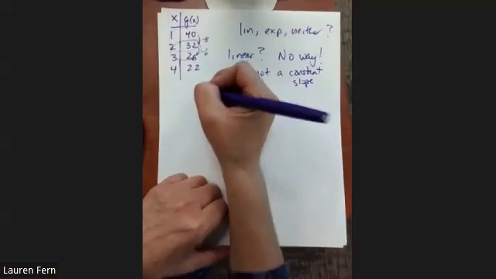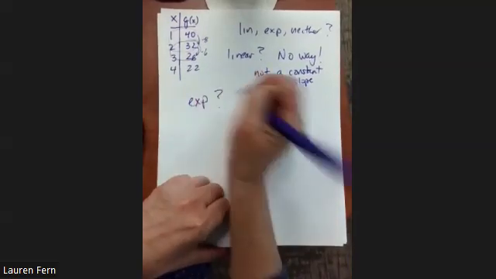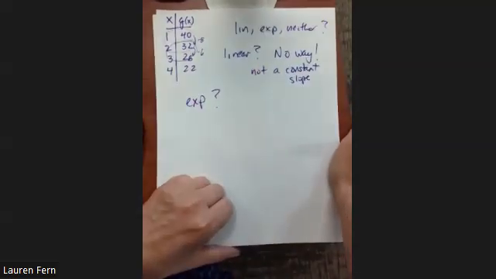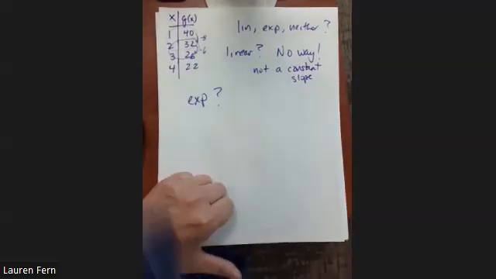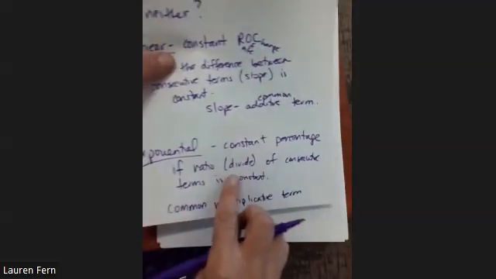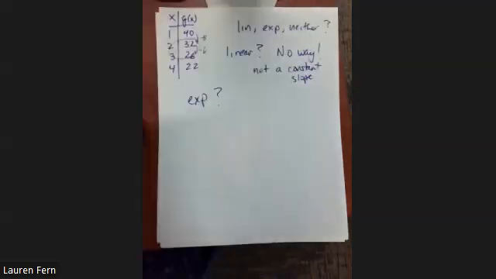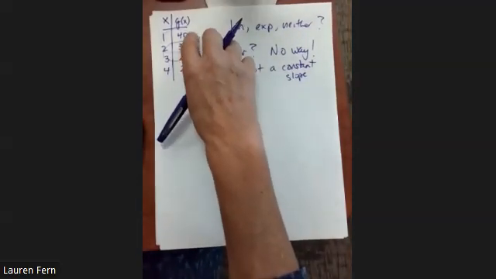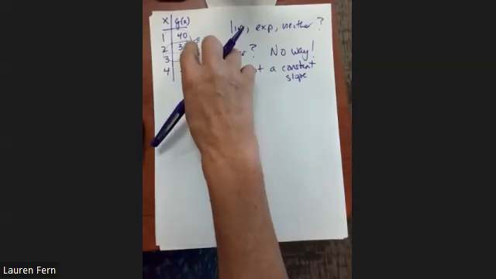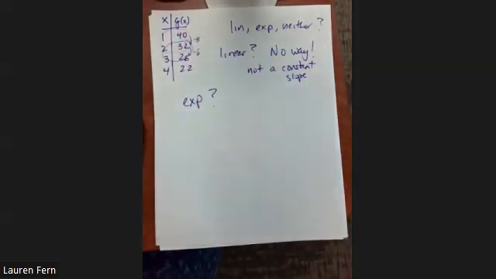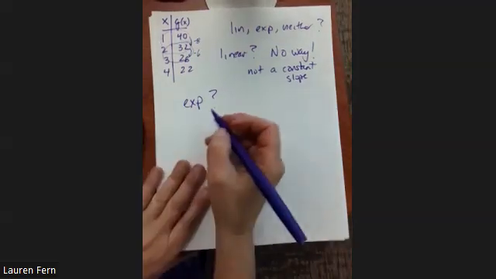All right. Now let's ask ourselves, is this exponential? What you do to determine exponential is you look at the ratio of consecutive terms. So remember, with linear, we looked at the difference between them, i.e. subtract. Now we're looking at the ratio.